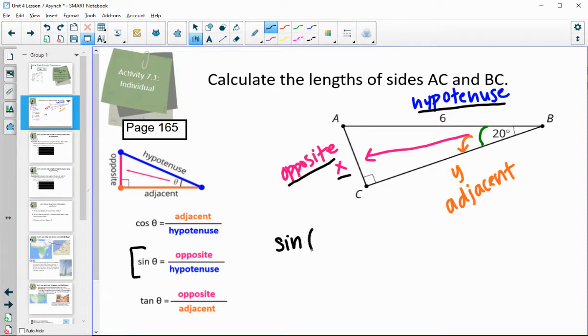So sine of the angle, and your angle is 20, equals the opposite side, which is X, divided by the hypotenuse, which is 6. Then you plug sine of 20 into your calculator, and you end up with a decimal, 0.342, equals X over 6.